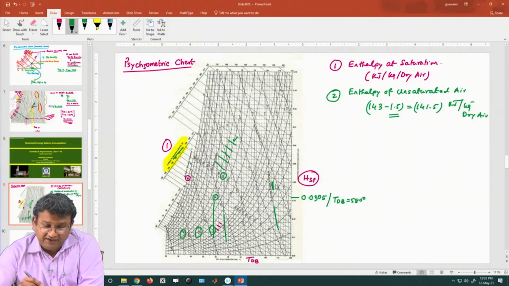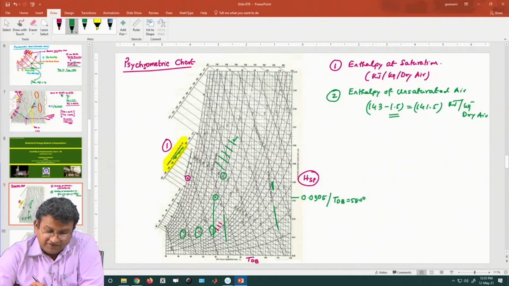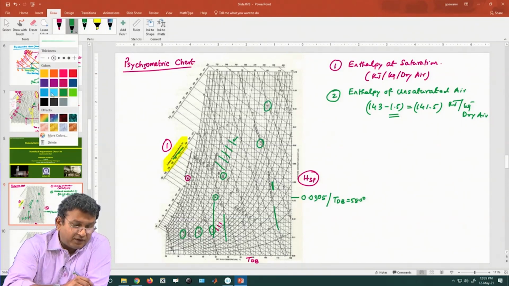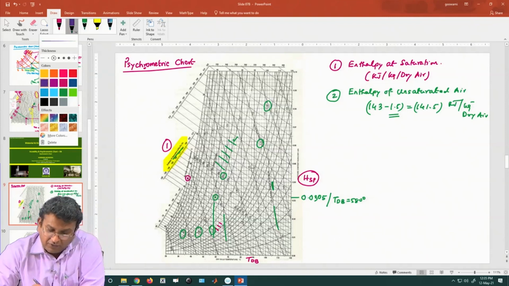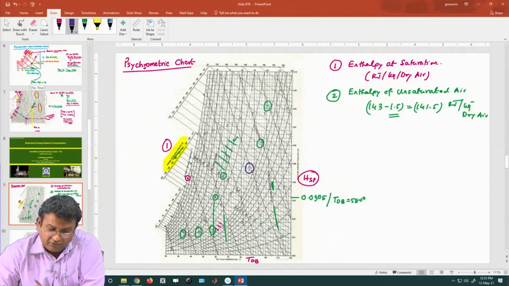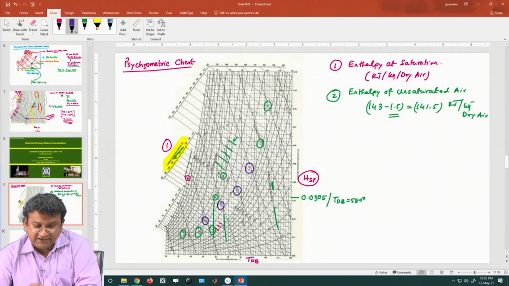The third set of lines is these lines. So, where you have these numbers 1.15, 1.20, 1.10, 1.05, then you have 1, then 0.95 and things like that. This is a third set of lines.